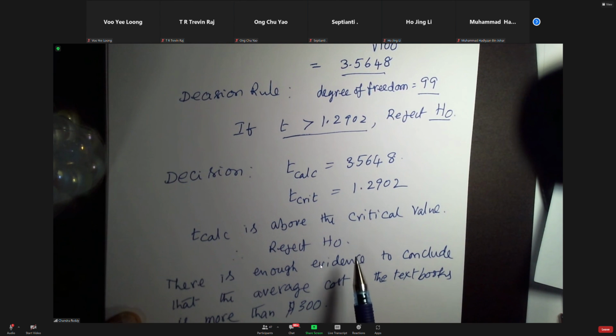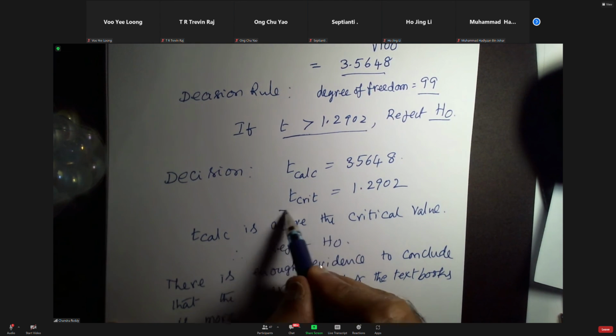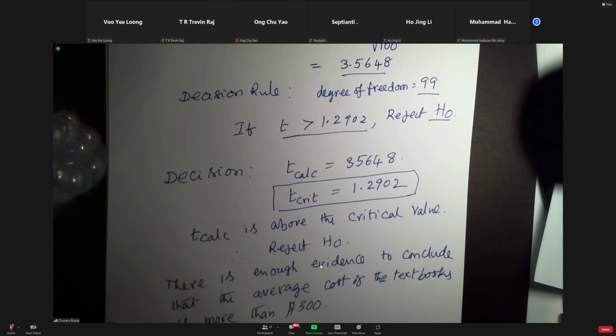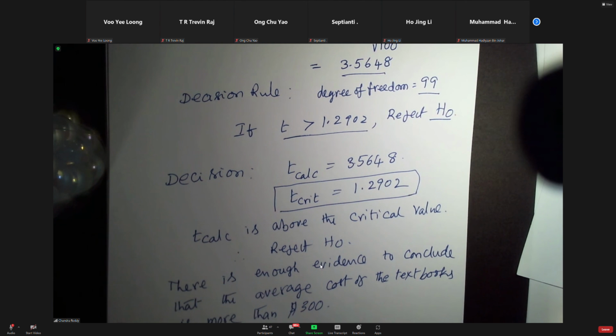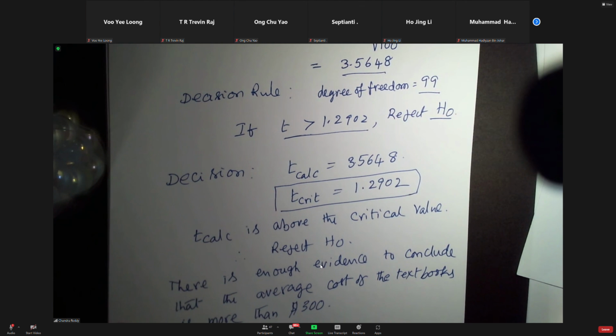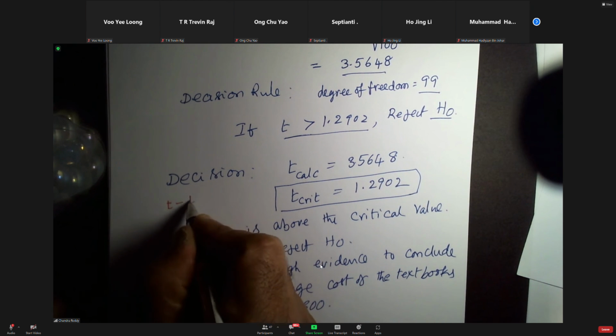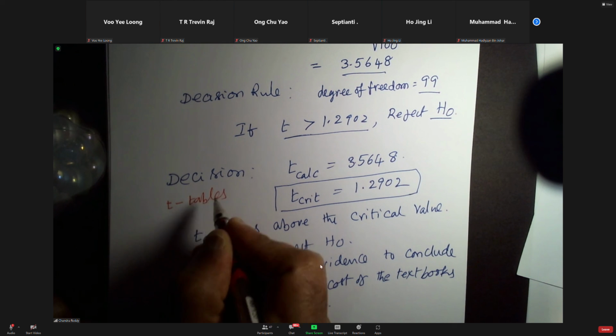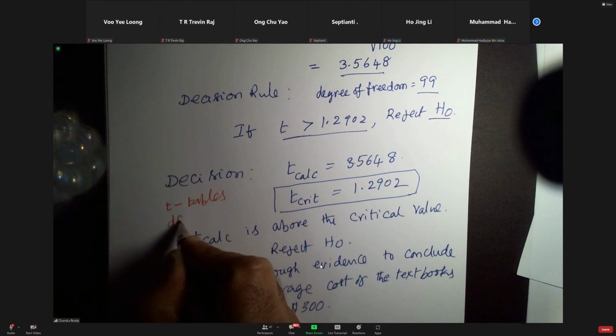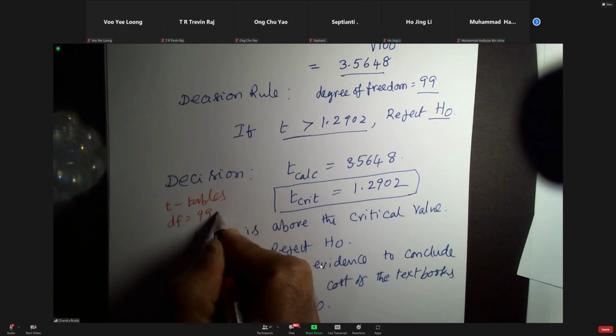I think Sharmin is asking, how do you get this? So you look for the T distribution tables for a degree of freedom of 99. DF is degree of freedom, 99.